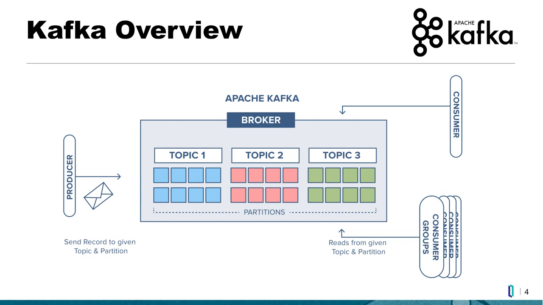So here's how Kafka views the event streaming process. In Kafka terms, a producer creates a message and publishes it to a named topic on the Kafka broker. Kafka stores the message, and then a consumer subscribes to a topic and can pick up new messages on the topic as they become available.